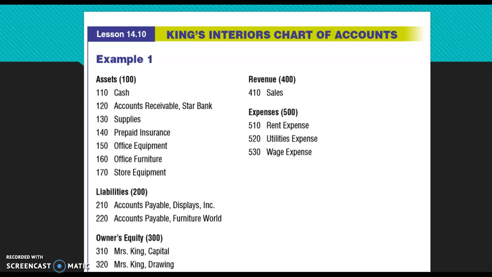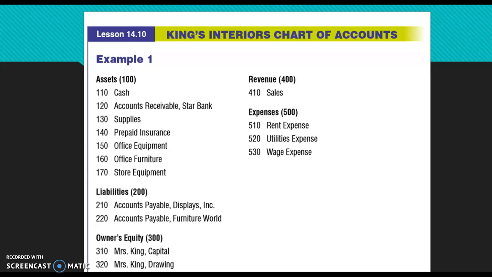You only have one revenue account in this chart of accounts, and it is 410. And then your expenses are 500s. So you see that there are 3 expense accounts, and they're listed in alphabetical order, and again 10 digits between each of them, to give you room to add more later, 510, 520, and 530.